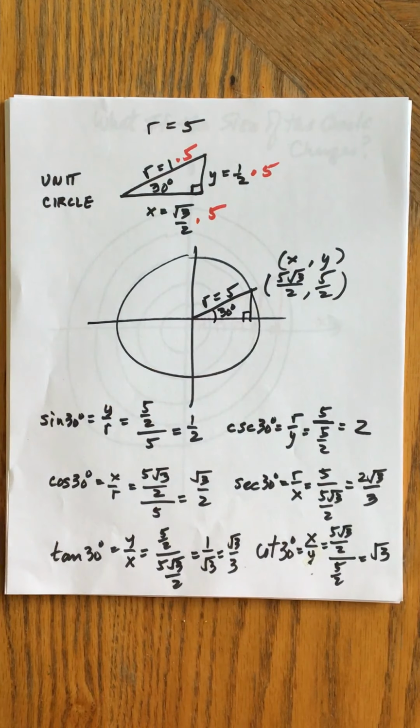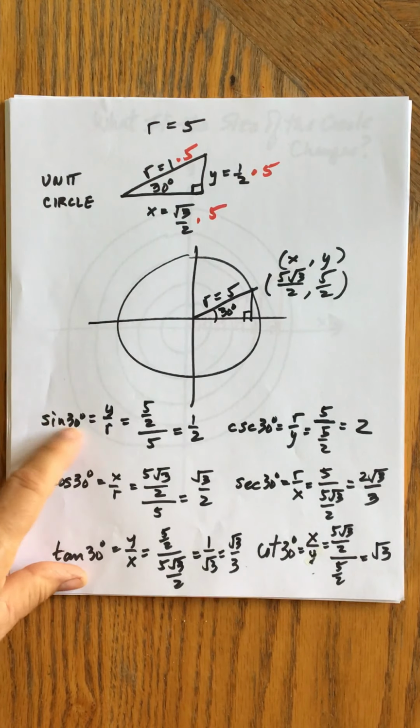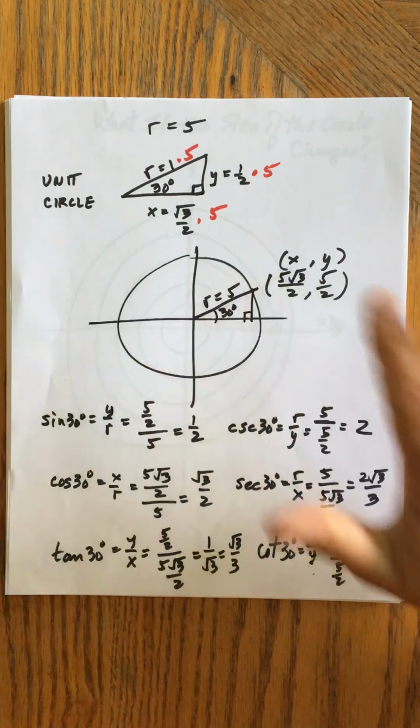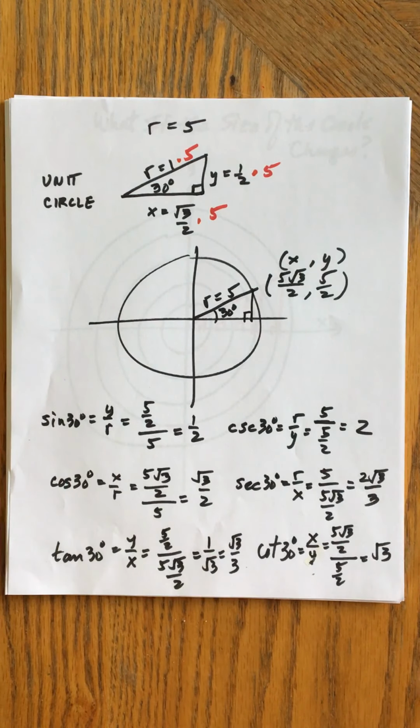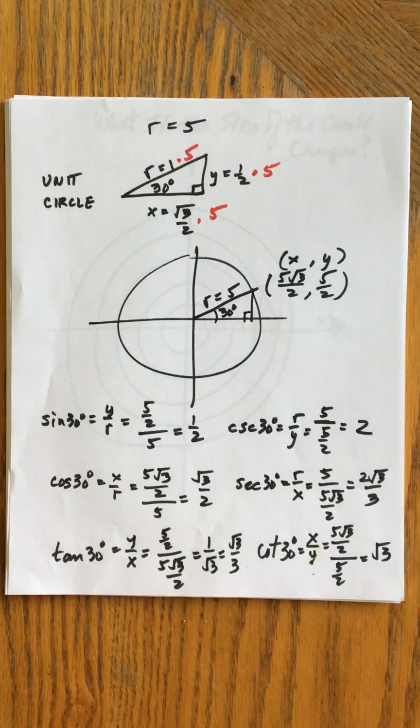Here's your reference angle, and watch what happens. Here are the definitions of your trig ratios in terms of x, y, and r, but using these longer lengths because your circle is bigger, but everything got proportionately bigger, so the ratios stayed the same. So yes, you can use the reference angles on any size circle.